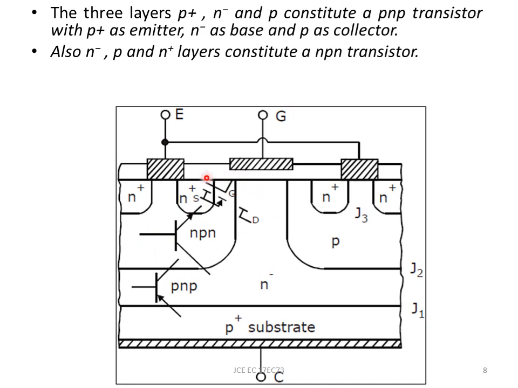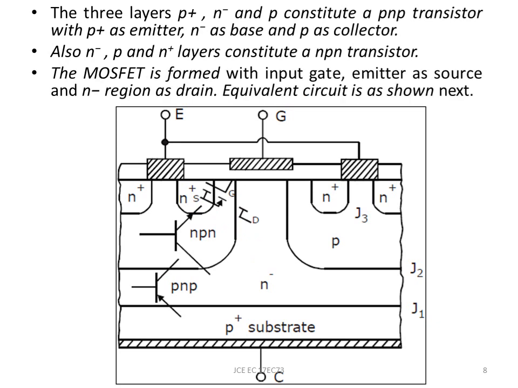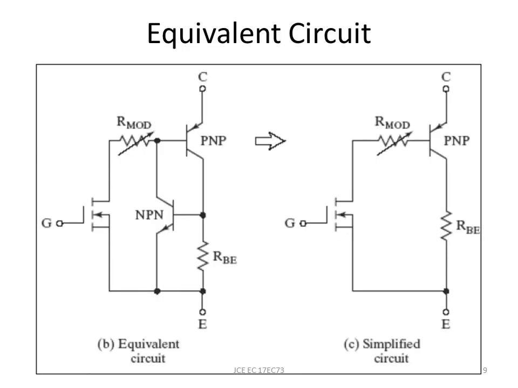And you can also see there is one MOSFET formed here. The gate will form the gate of this MOSFET, the emitter is going to form the source, and the drain will be because of this N minus. So a MOSFET will be formed, and with this formation, let us see what is called the equivalent circuit of IGBT. So I represent the IGBT equivalent circuit as follows.